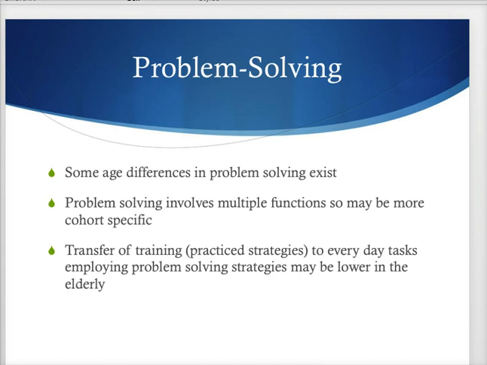With problem solving, there are some age differences, and problem solving may change as people get older. Transfer training tends to be a little bit lower, and problem solving strategies may be lower. So one of the things you need to think about doing is, again, walking the person through the planned tasks so that you ensure that the patient grasps what they need to.